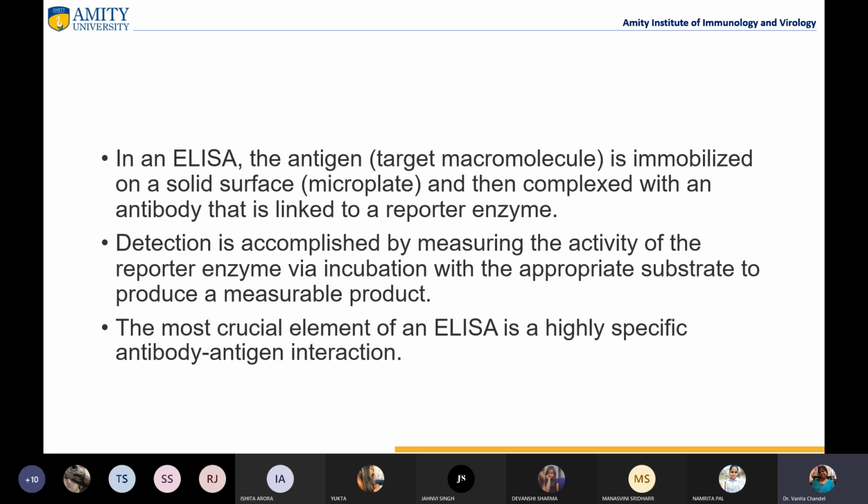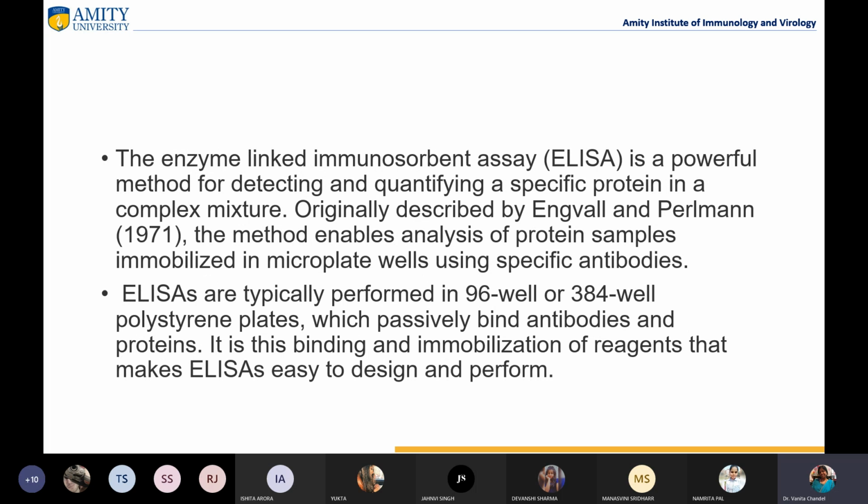So specific antibodies which have been developed and raised are used in the detection method. Again, this is an important method for detecting and quantifying a specific protein in a complex mixture. In '73, I guess, Clark and Adams used it in plants, but before that it was described by Engvall and Perlmann in 1971, right, for the analysis of protein samples immobilized in microwell plates using specific antibodies.